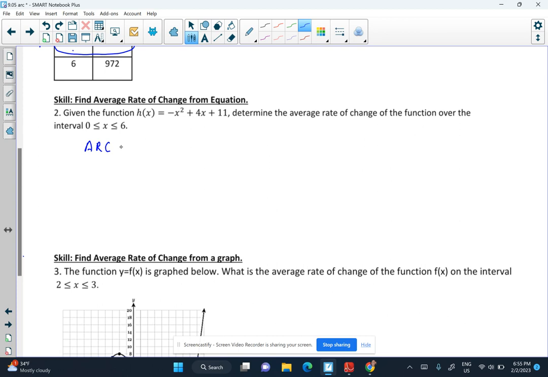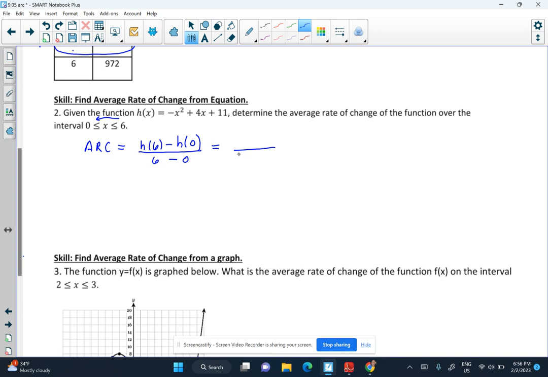So the average rate of change is the change in our y values, right? So we're going to do h of 6. Again, I always start with my right, minus h of 0 over 6 minus 0. I always go right to left.